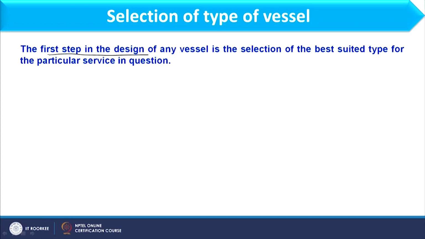The first step in design of any vessel is the selection of the best suited type of vessel for a particular service in question. So, according to the service, we need to select the proper vessel first of all, and then we will design that proper vessel.